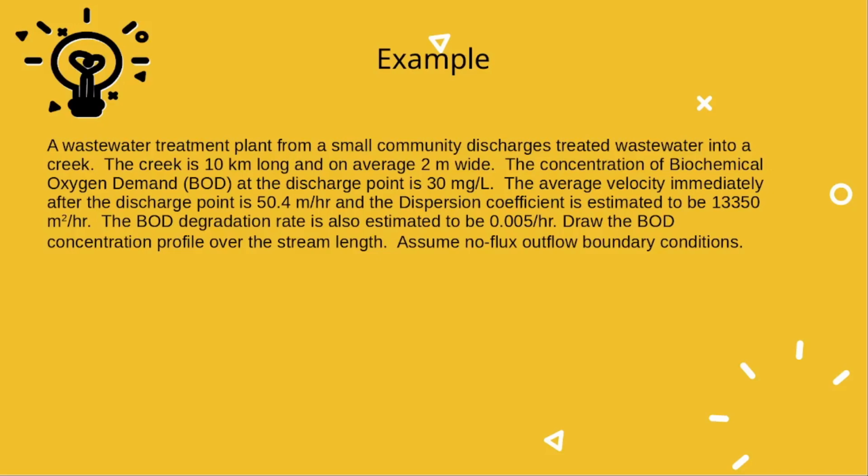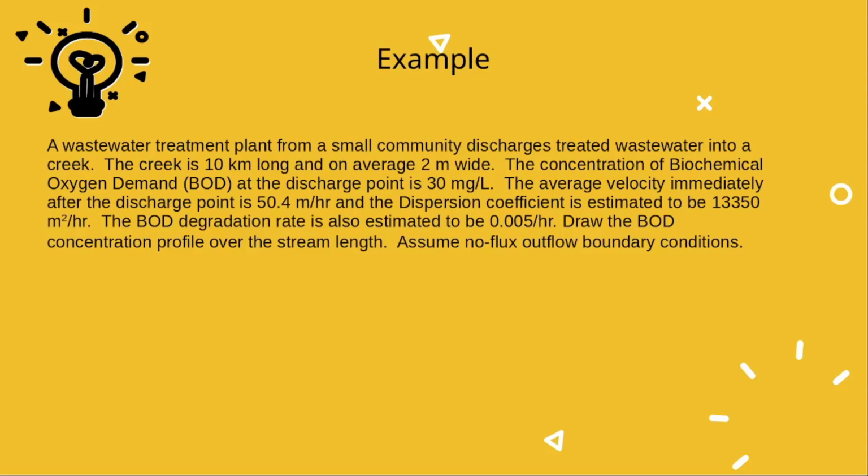And the concentration of biochemical oxygen demand, which is a measure of the organic waste in municipal wastewater, at the discharge point is 30 milligrams per liter. Typically in household waste, the biochemical oxygen demand will be in the order of 100 to 200 milligrams per liter.